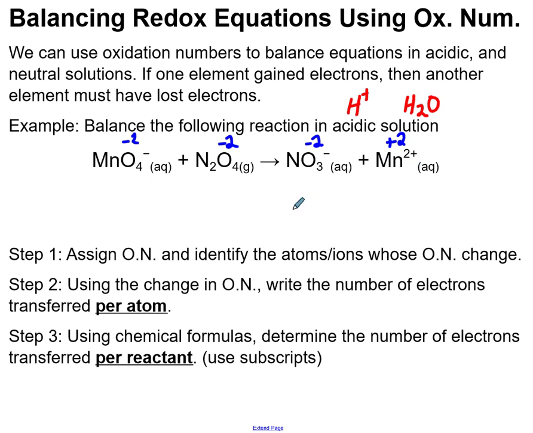Now you have to figure out some of these oxidation numbers, and hopefully you remember how to do this. If the whole charge on this ion is minus 1, and there are 4 negative 2s, 4 times negative 2 is negative 8. We want to cancel out all of it except for minus 1, so this has to be plus 7.